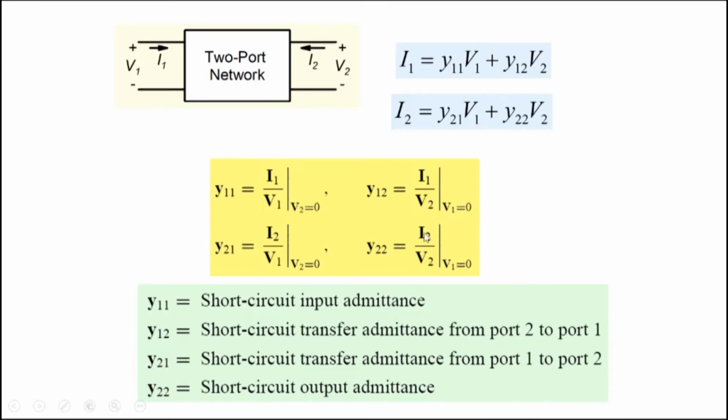So it's the ratio of output current versus output voltage here. That's why we call it output admittance here, with the input short circuited here. And the remaining two are transfer admittances, the ratio of current on one side, voltage on the other side. So these are transfer admittances here. All right, so Y parameter is another representation of the two-port network.